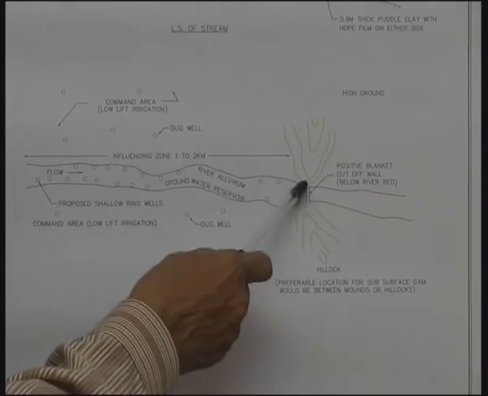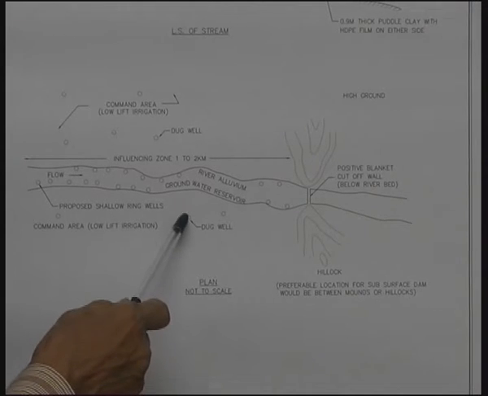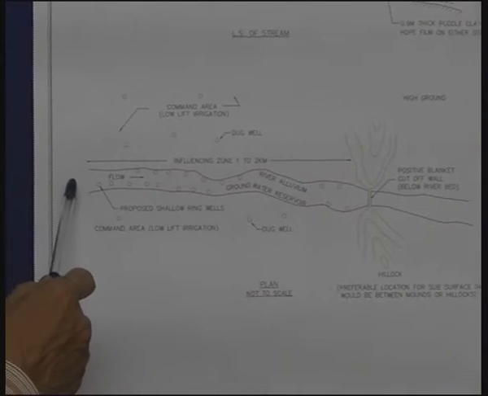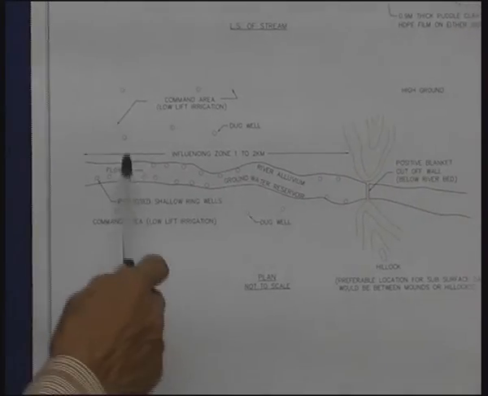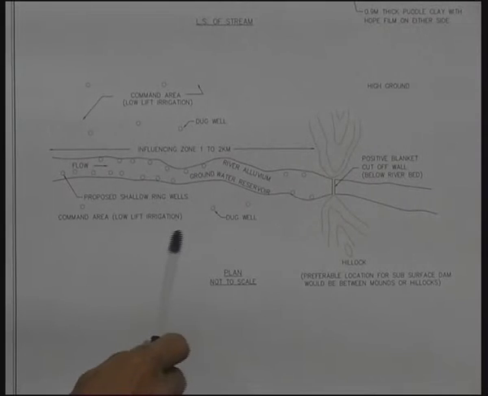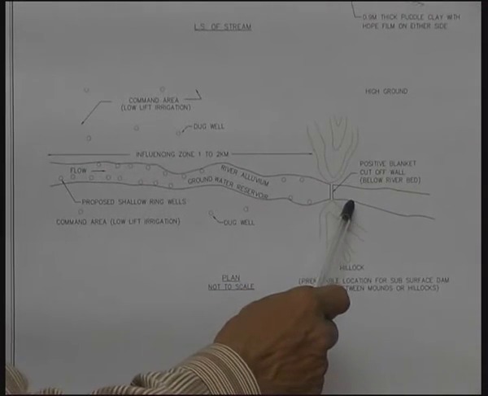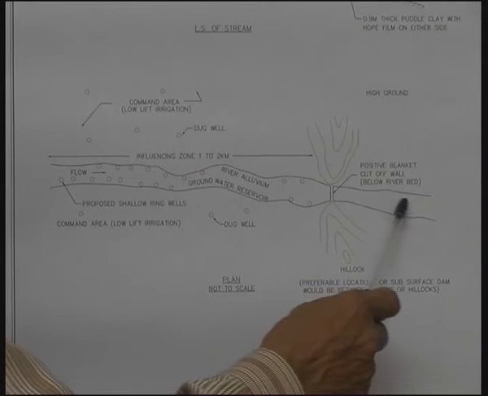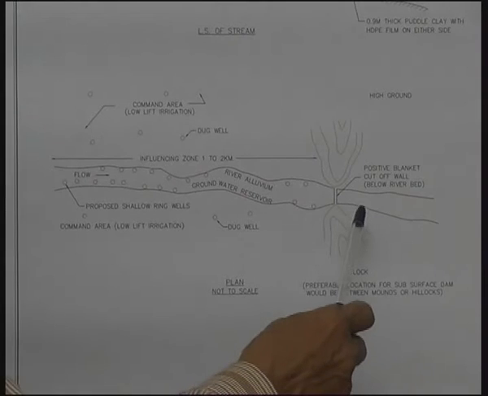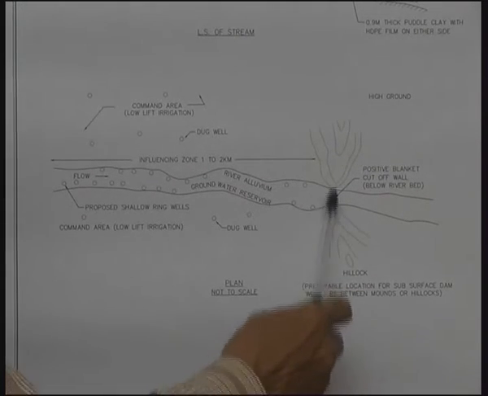And when this subsurface dam is executed, there would be groundwater preserved on the upstream side. This is the upstream side and this is the downstream side. Now a question may arise whether the groundwater which was flowing earlier, when the subsurface dam was not there, is not prevented by such structure?